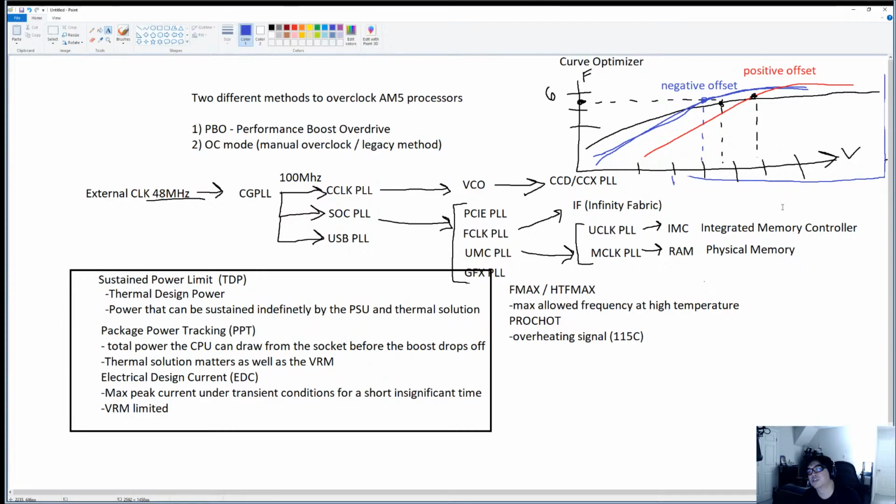Not everybody can go in and do negative 30 on CCD1 and negative 20 on CCD2 and expect it to be 100% stable and use the exact same lower amount of power, right? Someone might have a CPU that's not as good silicon-wise, so they might only be able to do -15 or -10. They might not be stable at -30. So it is kind of like undervolting.